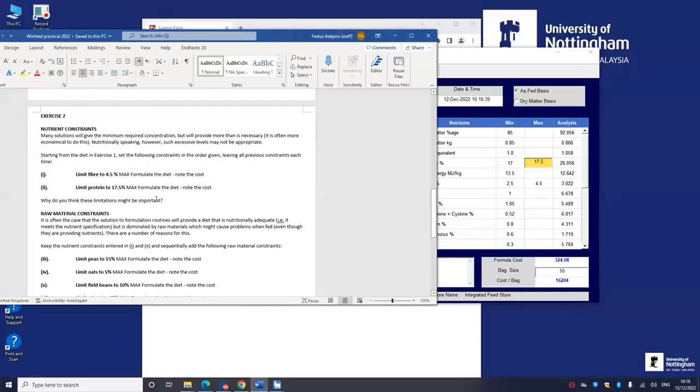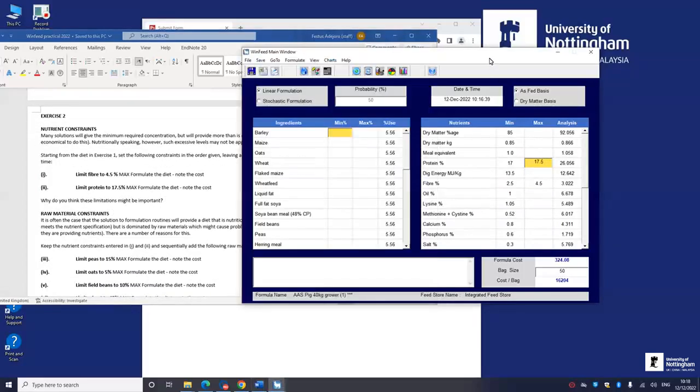Why do you think these limitations might be important? I already explained earlier how the nutrient interactions work out and what the implications can be on the animal. And so sometimes you want to force the computer to say, you know what, I know you can give me excess, but I don't want the excess. Just give me the exact.